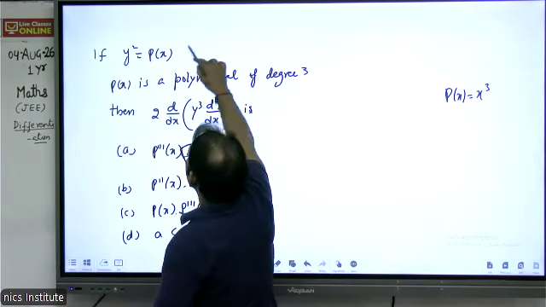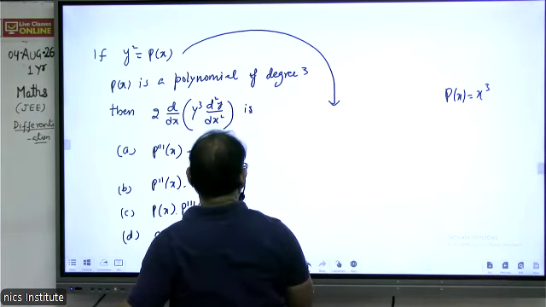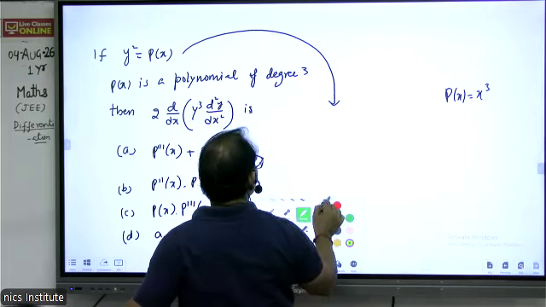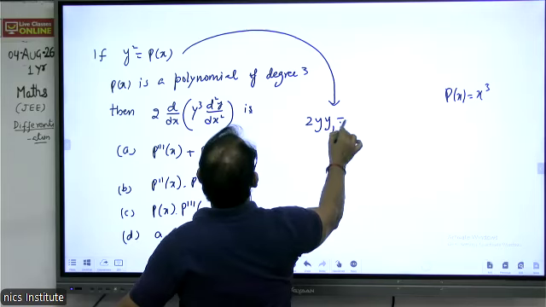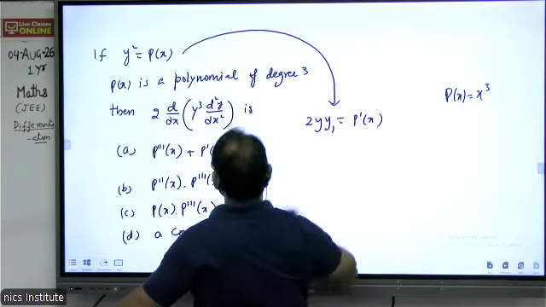Or else you can directly differentiate. 2y y1 equals p dash x.